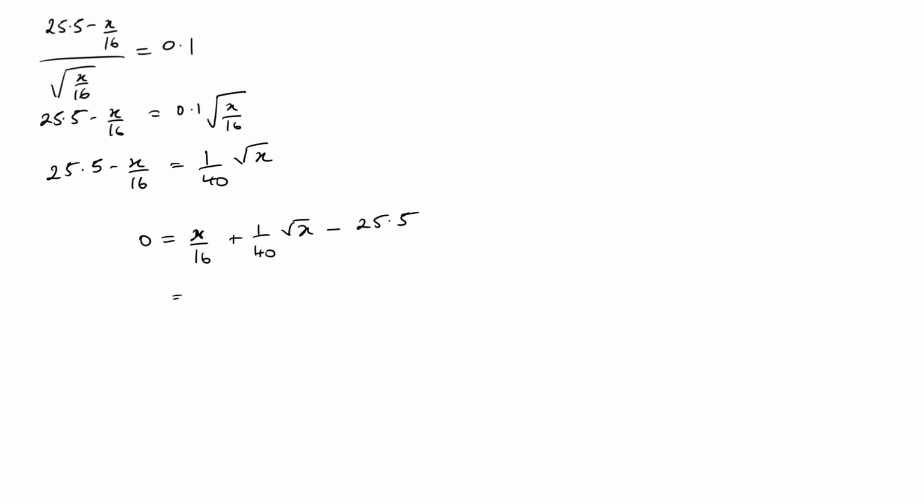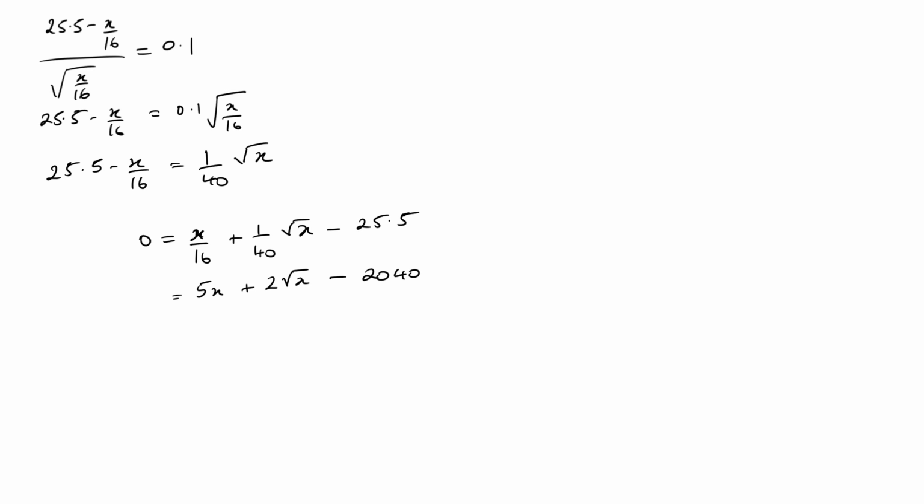Okay, but I do like to multiply through. I hate fractions in stuff like this. So times by 80, this will give me 5x, times by 80, this will give me 2 root x, and times by 80, this gives me 2040. Okay, just double check that.